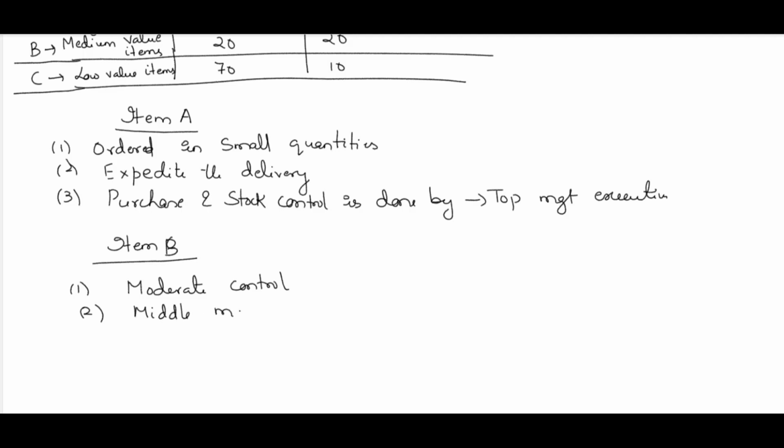So it requires moderate control, and it is managed by middle level management or executives, and these usually have intermediate inventory control. Orders are placed less frequently.